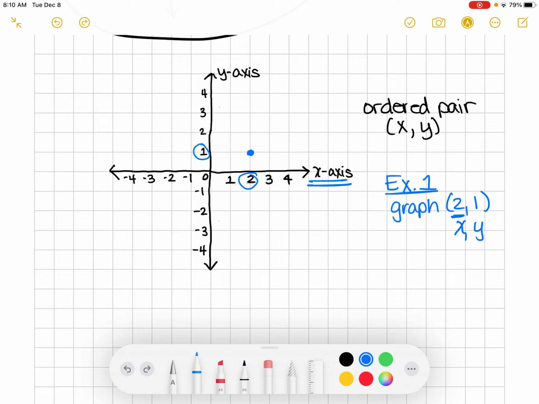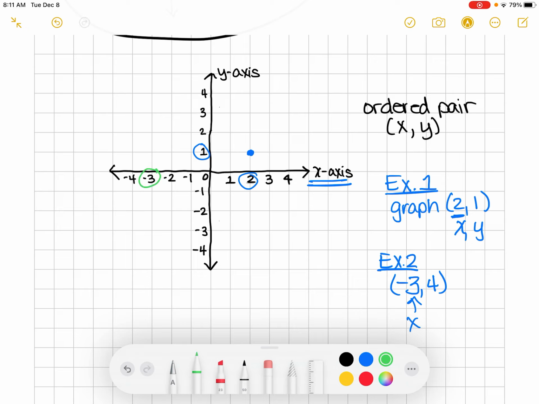Okay, let's do example 2. Graph (-3, 4). So the -3 right here is the X. So I'm going to find it on the X-axis, over to -3. Here it is right here. Actually, let me change color so you can see.